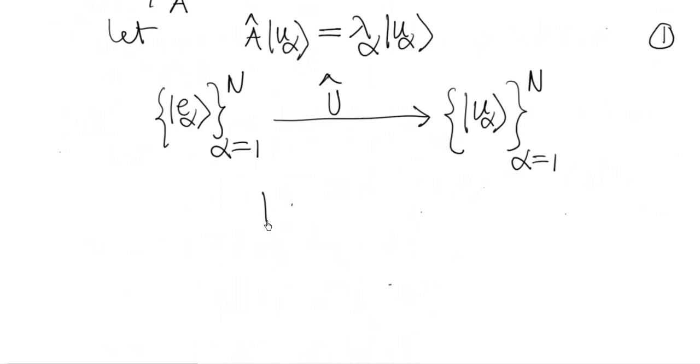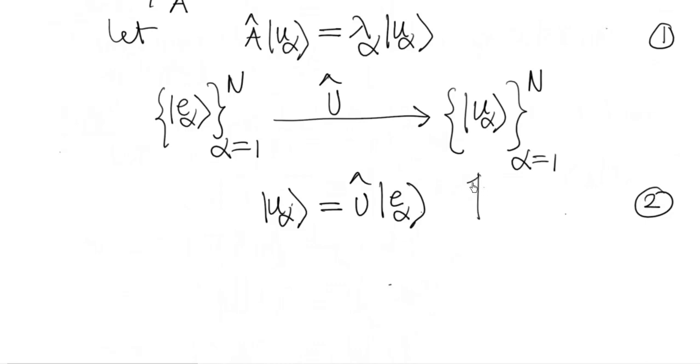That means ket U alpha is equal to U ket E alpha. Say this is equation 2. And this is a new coordinate system, new set of basis vectors. This is the old basis.